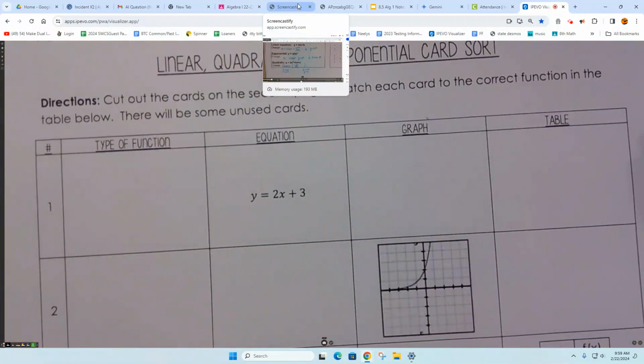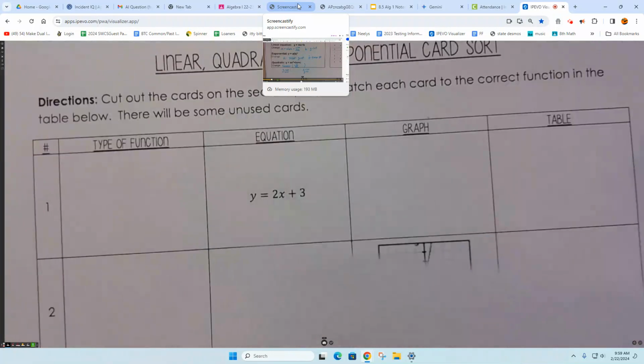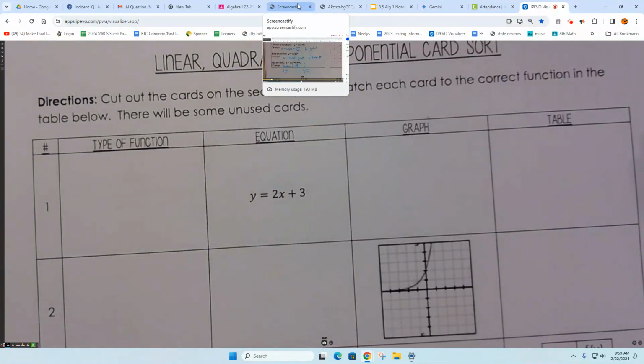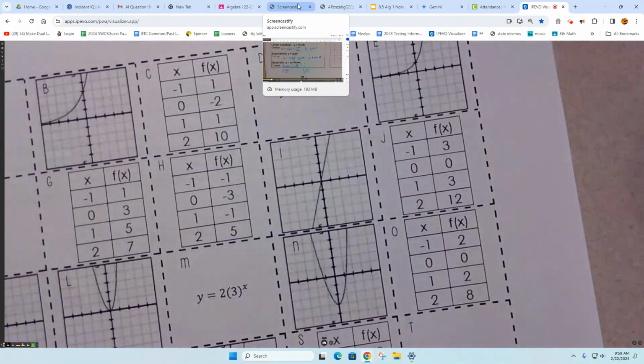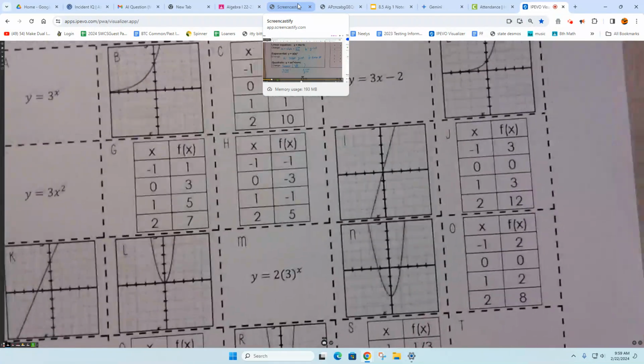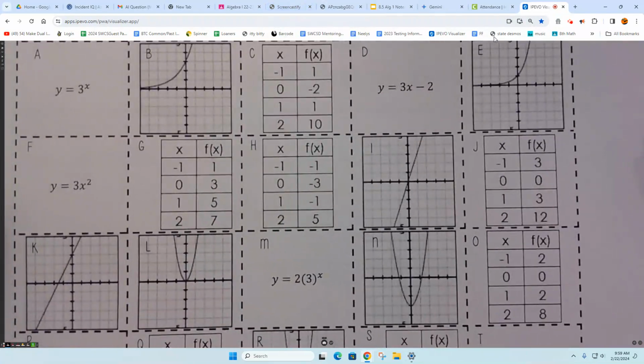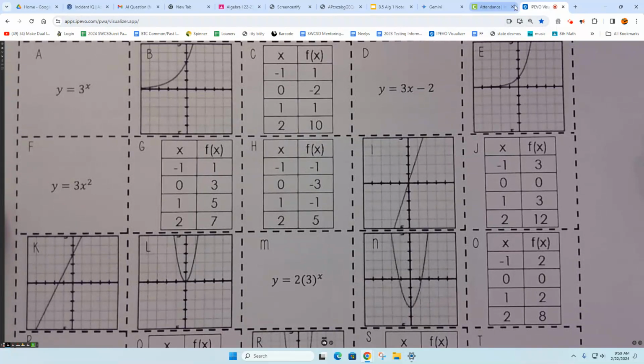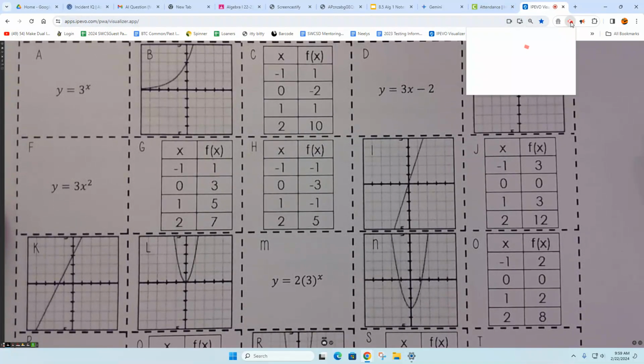None of these should be used twice. So once you use it, if you're right, then you're good. We've got about 5 minutes. If you want to go ahead and start looking at this, figuring it out.